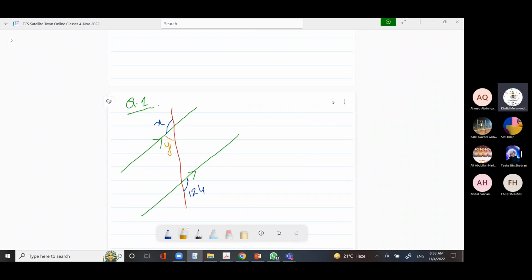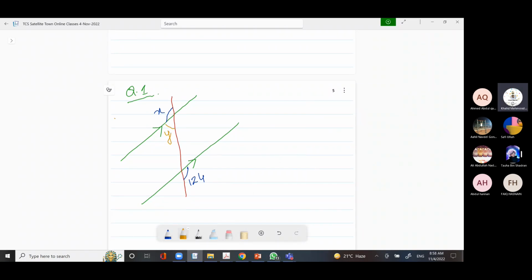Now you need to find this value, this first part, then the second part, where there are two parallel lines.